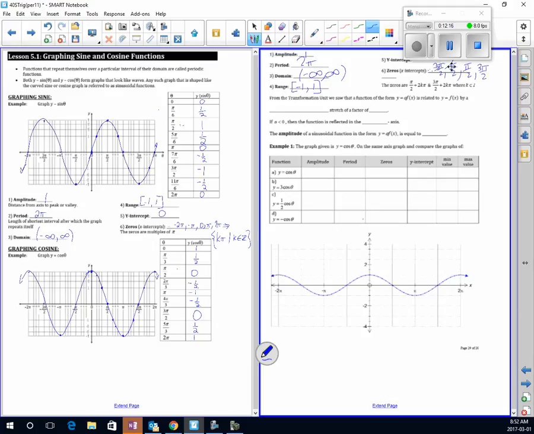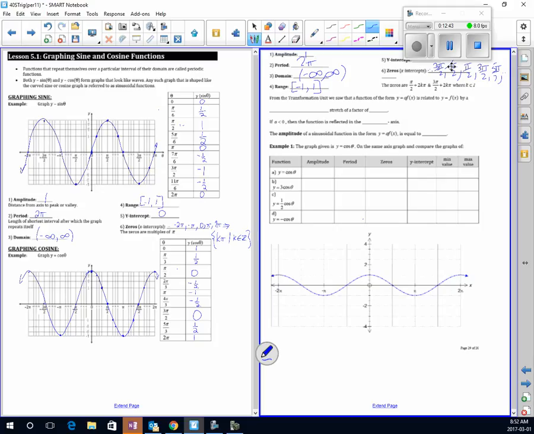What would be the next one after 3 pi over 2? It would be 5 pi over 2, then what? No, 7 pi over 2. It's going odd numbers of pi over 2.